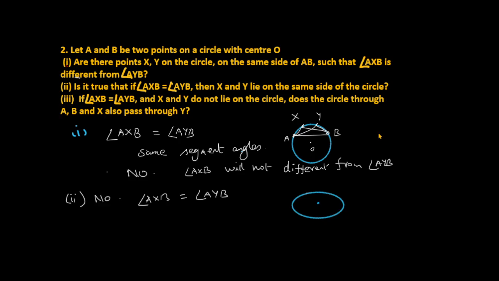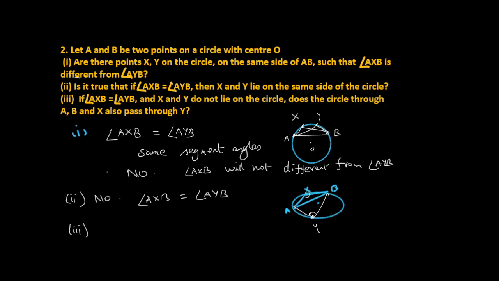If X is a point, and AB is here, this is AXB, Y may be on the opposite side also. If Y is here, then also both angles can be equal. So the answer is no. They may be in the opposite direction also.